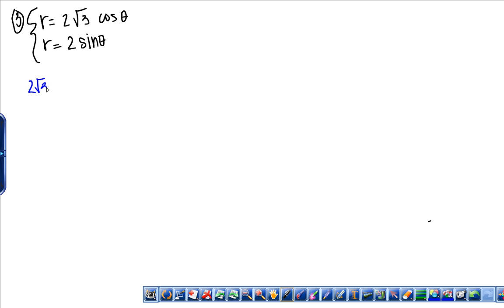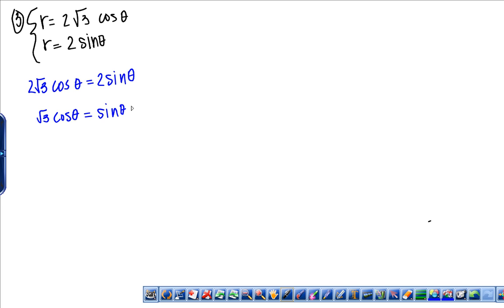So 2 root 3 cosine theta is equal to 2 sine theta. I would probably divide by, let's divide by the 2 first, get rid of them. So that gives me a root 3 cosine theta, and that gives me a sine theta.